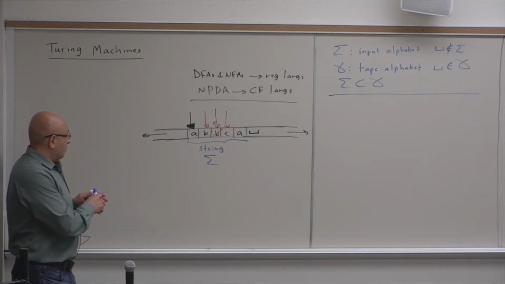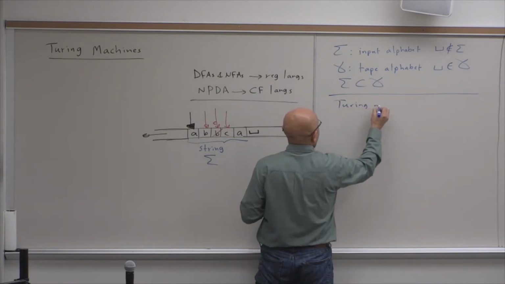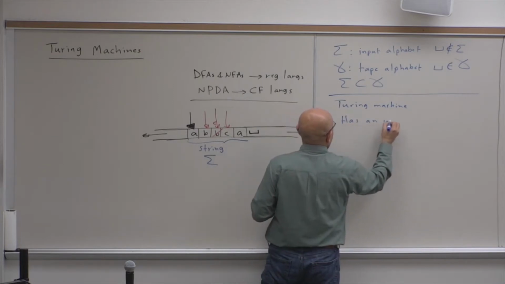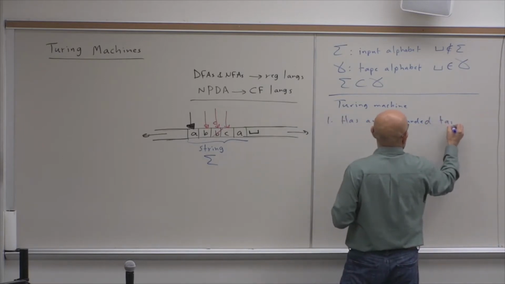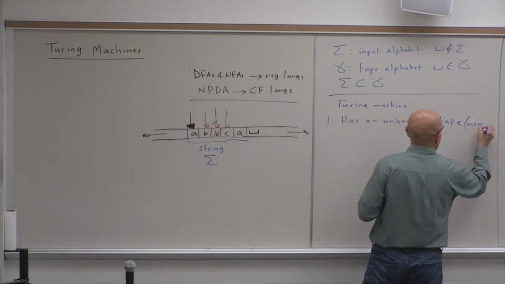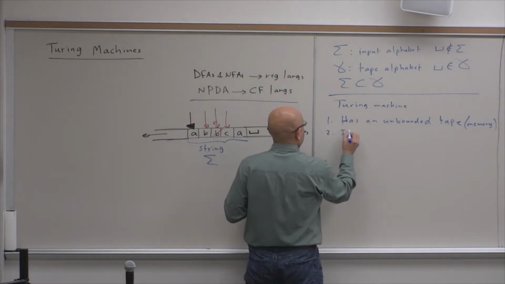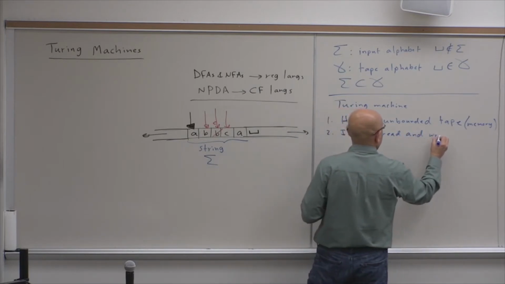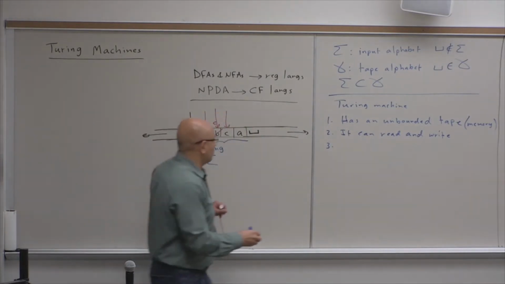So the extra features in the Turing machine: it has an unbounded tape or memory. It can read and write, and it can go left or right.